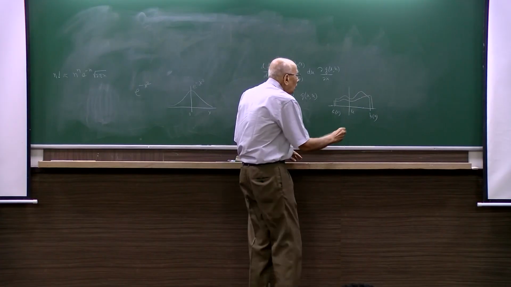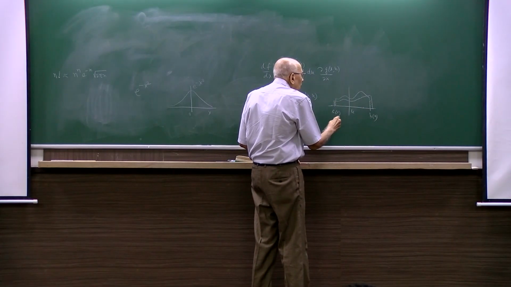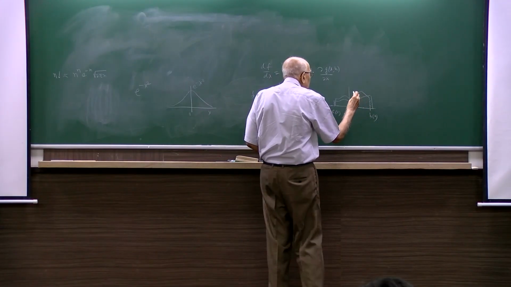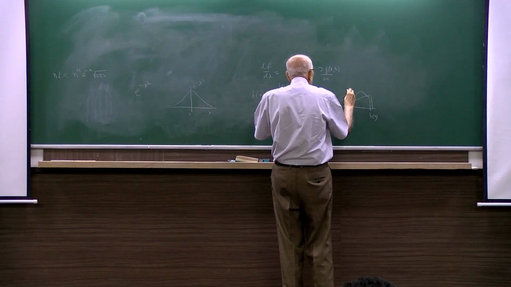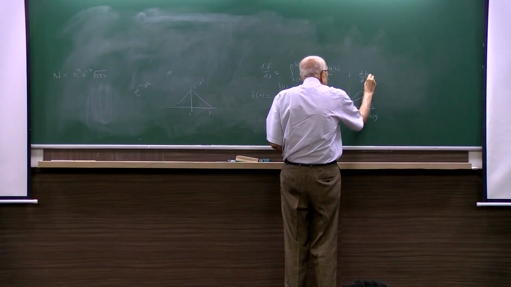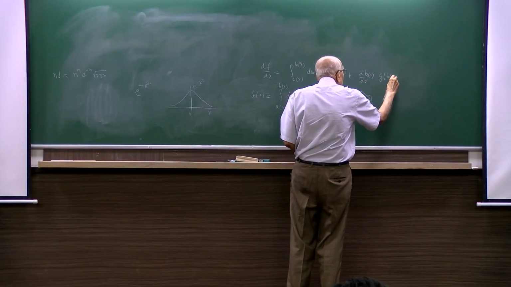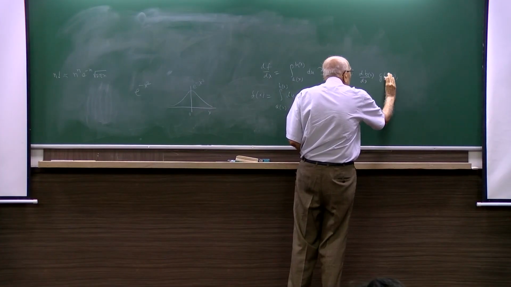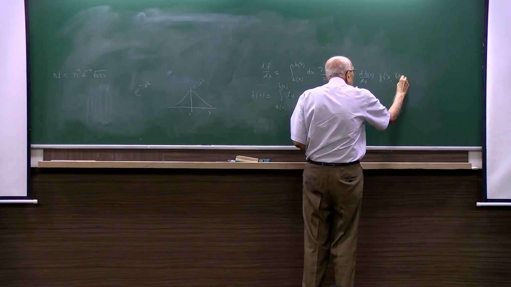But then there is also a contribution from the fact that the limit here has shifted and the limit here has shifted. This is the upper limit. So what happens is, the way I defined it was with an upper limit b, plus db over dx times g of x comma b of x.